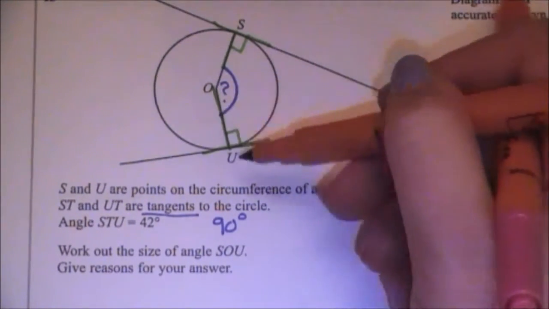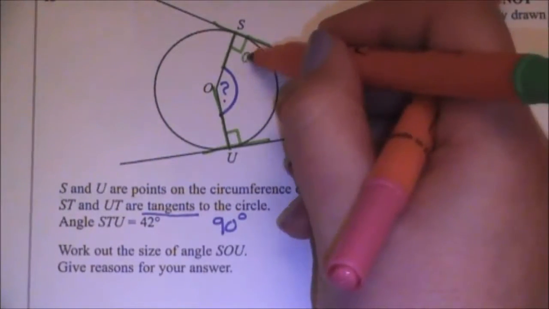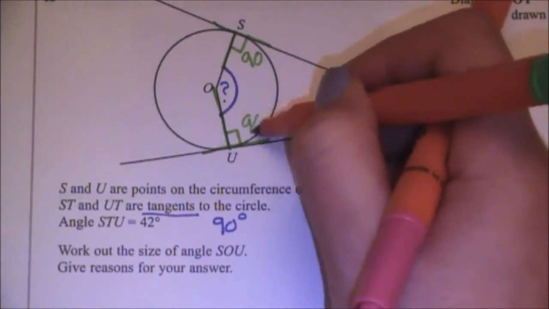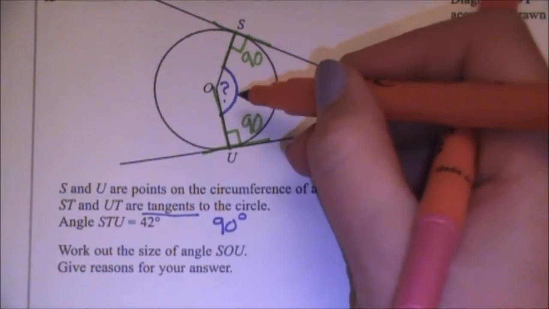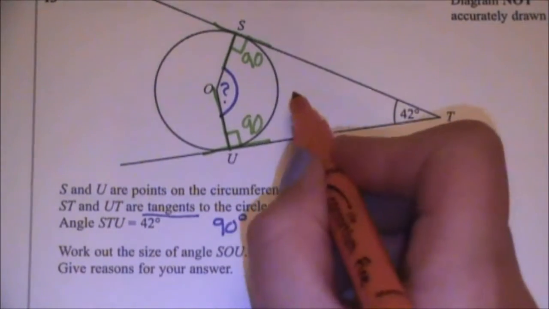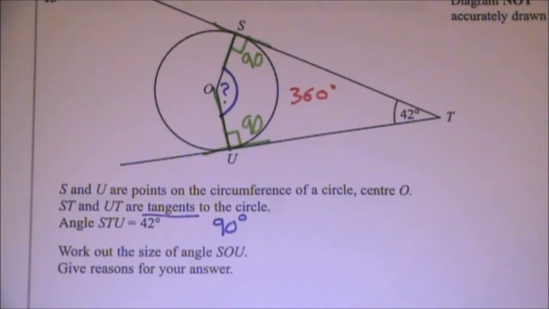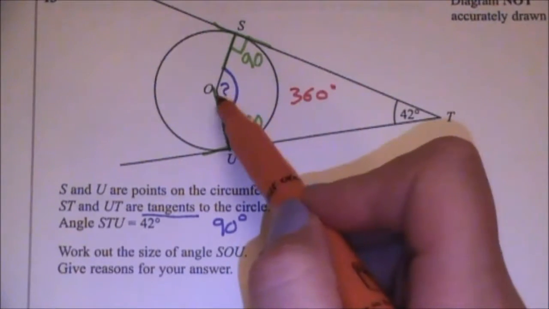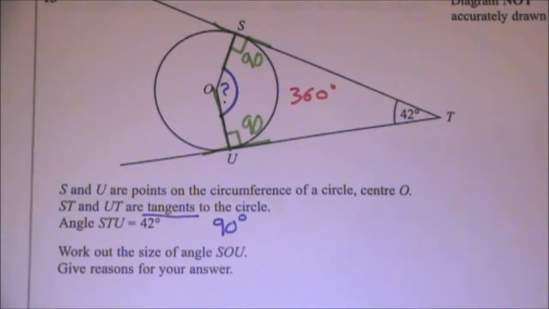So what I end up with here is a four-sided shape with a 90 degree angle there, a 90 degree angle there, a 42 degree angle there, and that one is unknown. Now, a four-sided shape always sums to 360 degrees. So in order to find that angle, I just need to subtract all the other angles from 360.